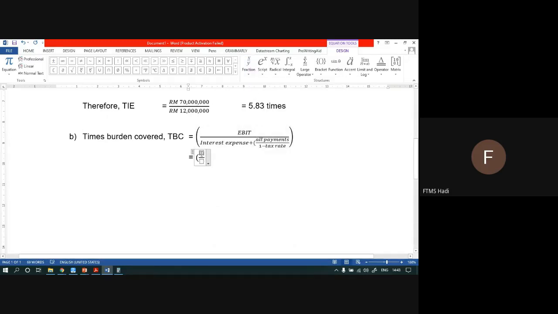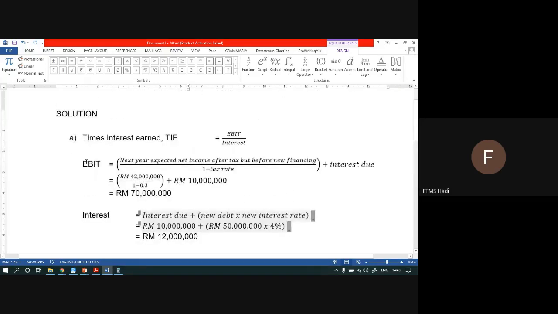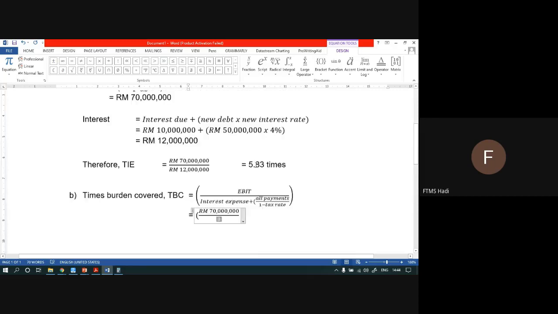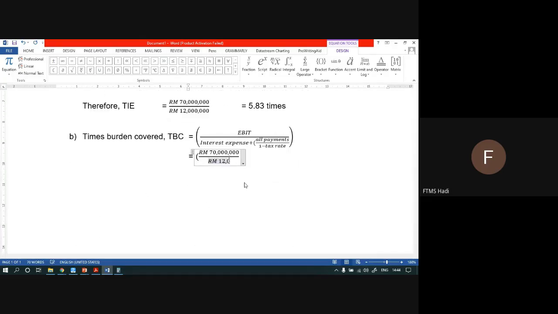Where to get EBIT? EBIT is already calculated up there, which is 70 million, divided by interest expense. Interest expense you can take from here. Interest and interest expense are the same, which is 12 million, except that this is the new one.